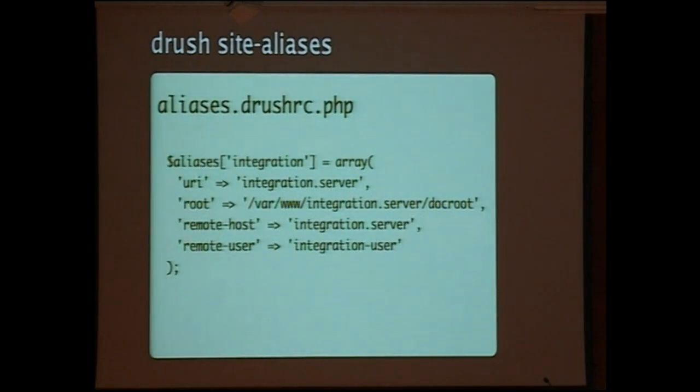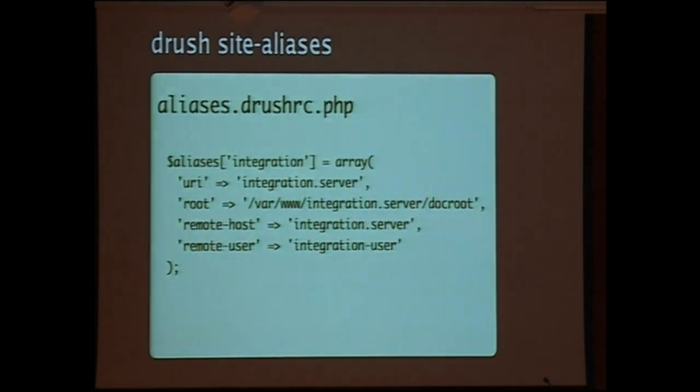So this is a PHP array. You have this array aliases, and with each key you define a different remote or site alias. I have to use that word. It's the one you use with that anyways. Each of these keys defines another array, and there you do something.